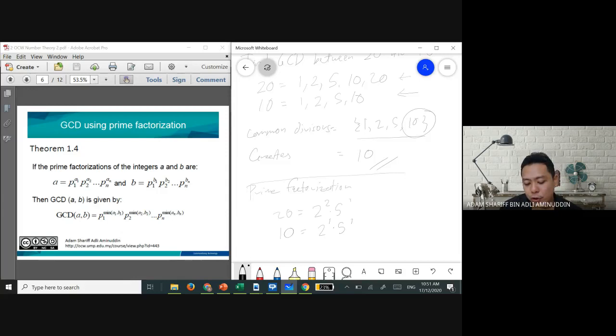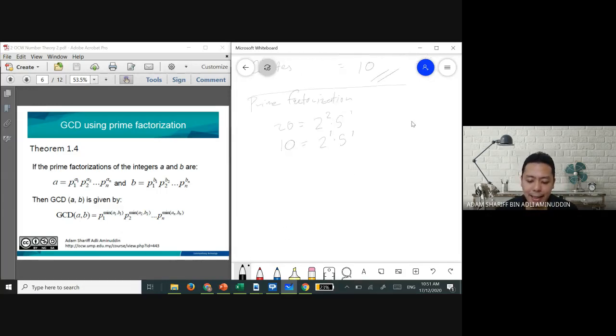There is a theorem associated with prime factorization and GCD. Given any a, b as an integer, where a has been prime factorized and b also has been prime factorized, it states that this GCD between 20 and 10 is just a product of prime numbers to minimum 2 and 1. Mana saya dapat?